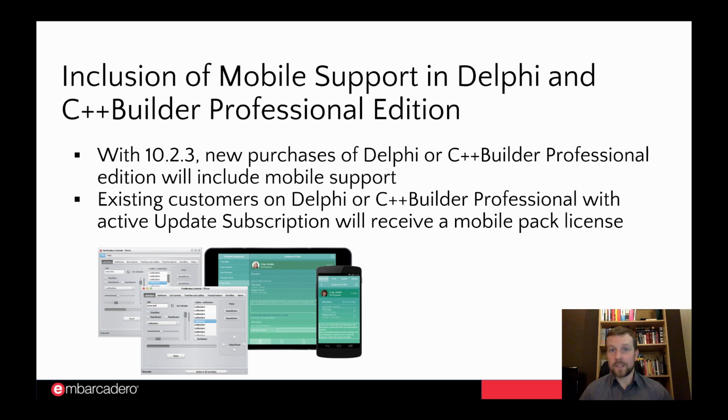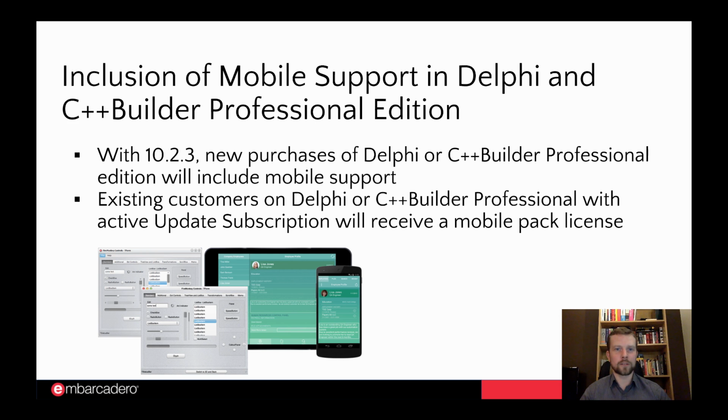Now, something fantastic that I'm very excited to talk about is how mobile support is included in the Delphi and C++ Builder Professional editions. Now, in the past, when you bought Delphi or C++ Builder Pro, you had to buy mobile support, that is for iOS or Android, as an extra add-on.